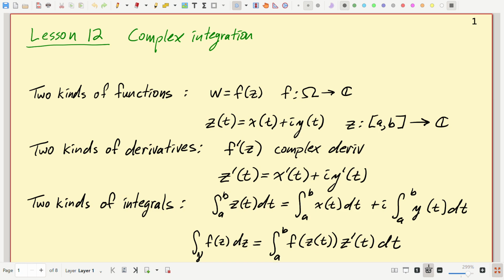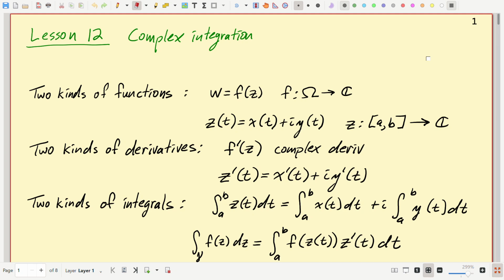So you could think of the x of t and the y of t as the parametric equations for a curve. And so this kind of function maps an interval on the real line into the complex plane. And we've got two kinds of derivatives now. One is the complex derivative with the complex difference quotient limit, leading to the definition of analytic functions.